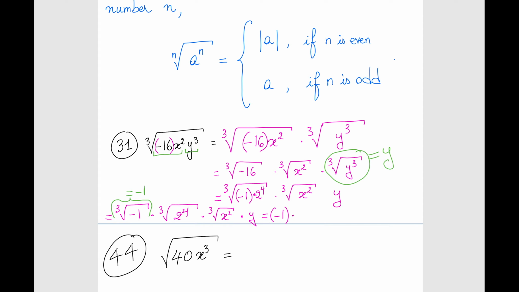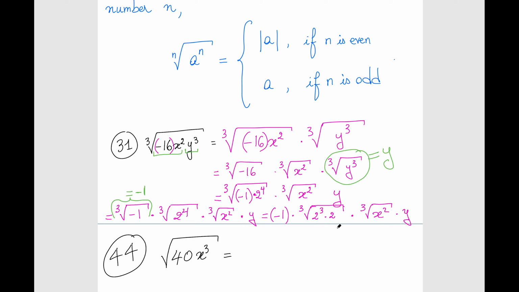This is the same as the third root of 2 cubed times 2, right? So let me write it better. So 2 cubed times 2, like this, correct? Times what we had over there, so the third root of x squared times y.